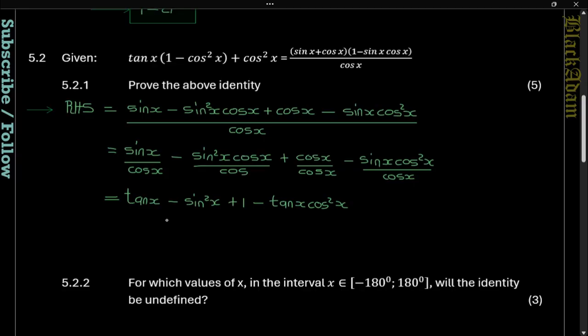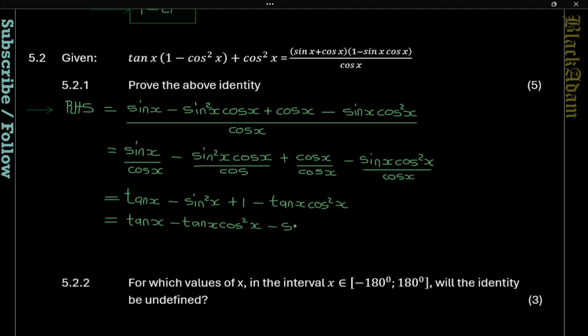Then from there, we need to regroup, so we're going to rearrange. It's going to be tan x minus, we check the last part, minus tan x cos squared x, and then we have plus minus sine squared x, which is plus 1, so that's that part.